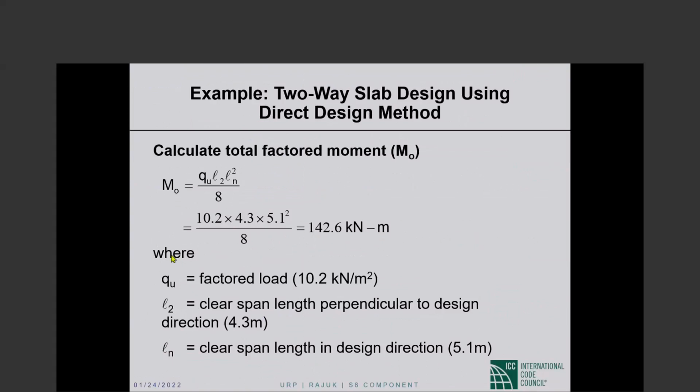Okay. So first step, calculate free span moment. q is 10.2 kilonewton per square meter. L sub 2, the transverse span, is 4.3 meter.